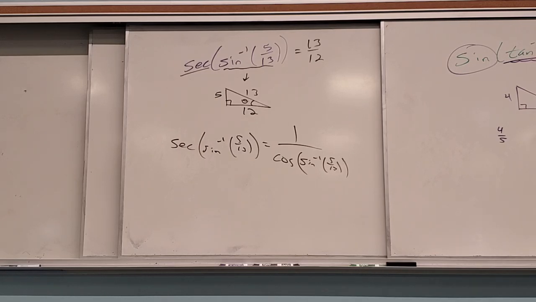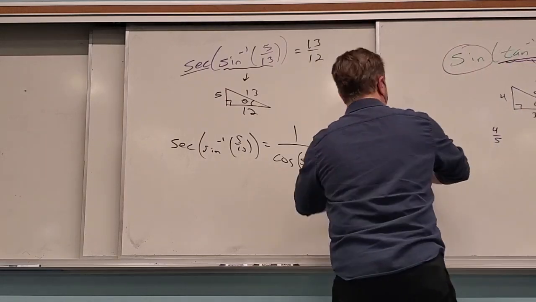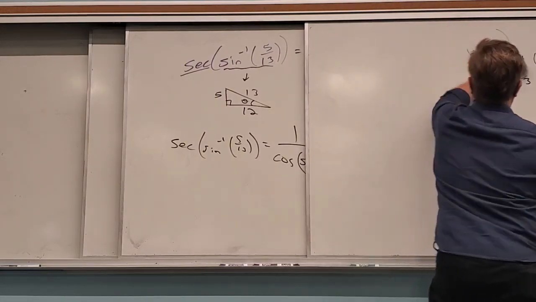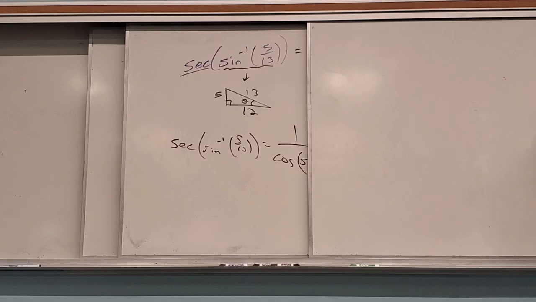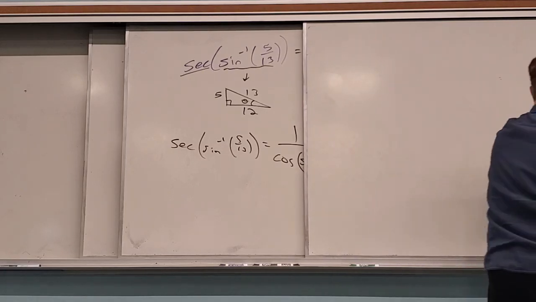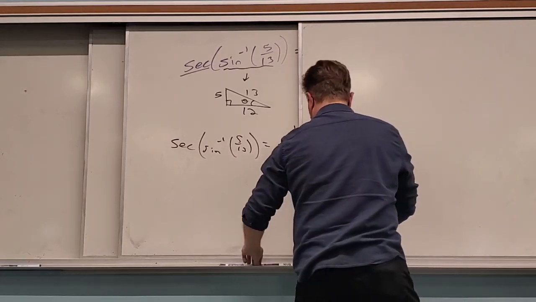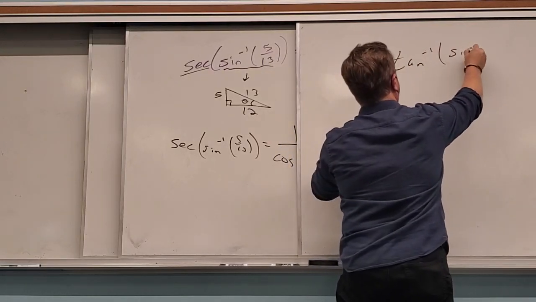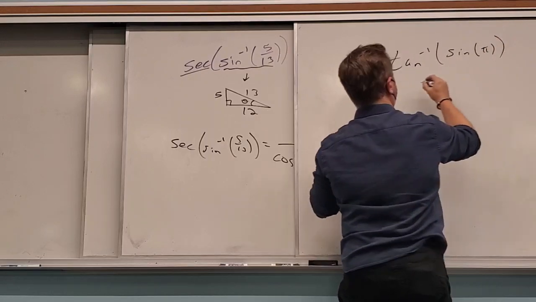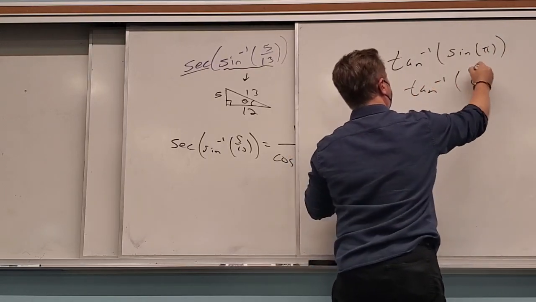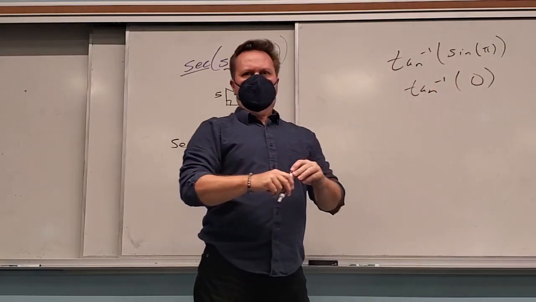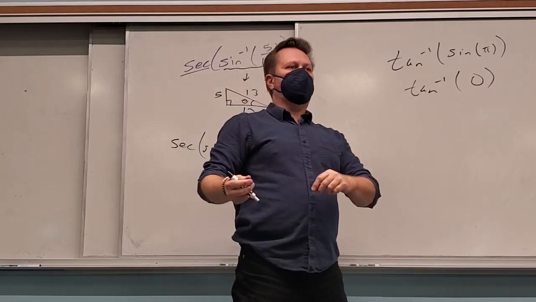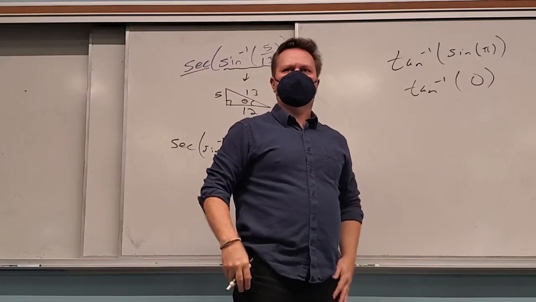All right. So, let's do this. So this becomes inverse tangent of 0. Tangent is 0 when sine is 0. Right?